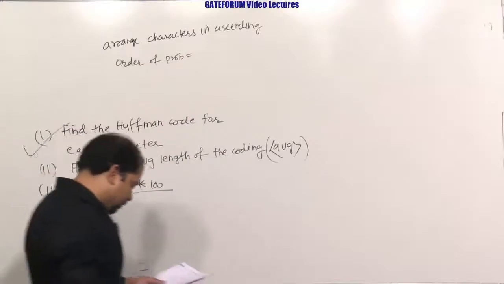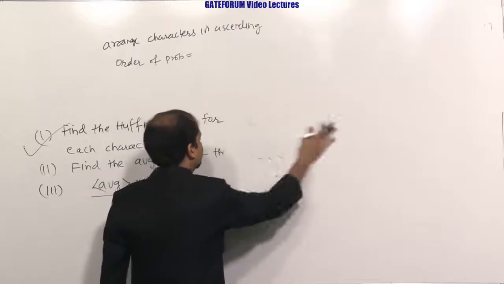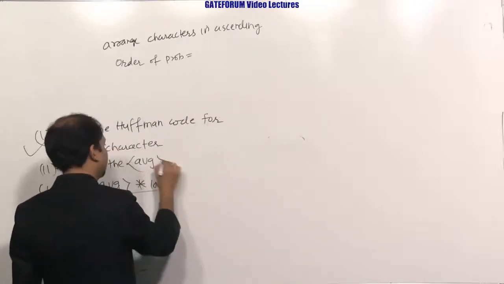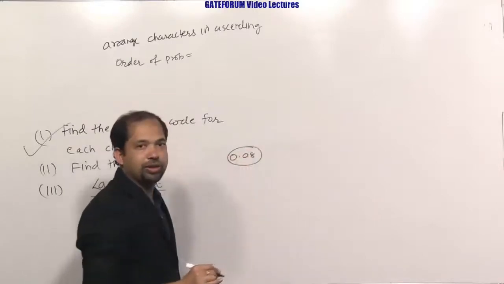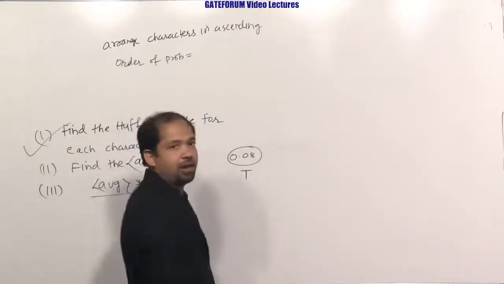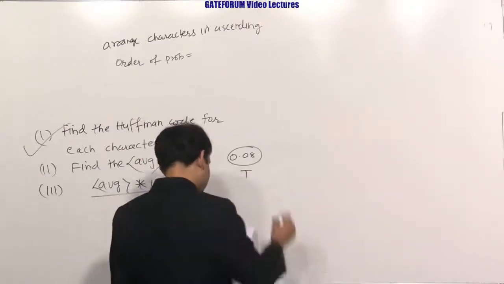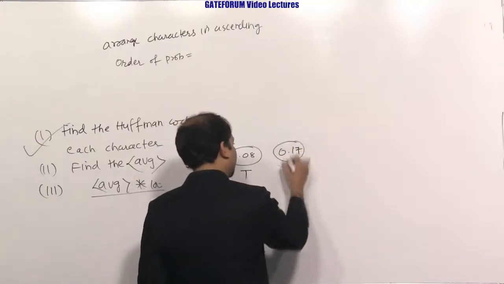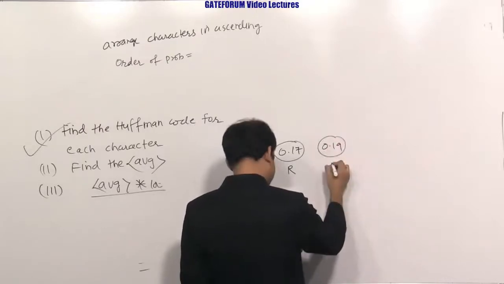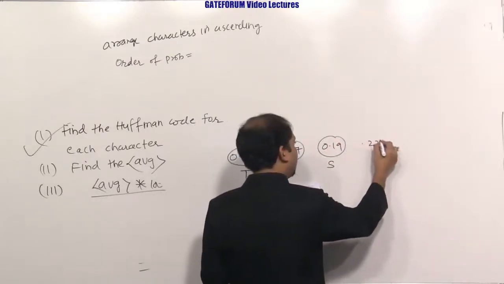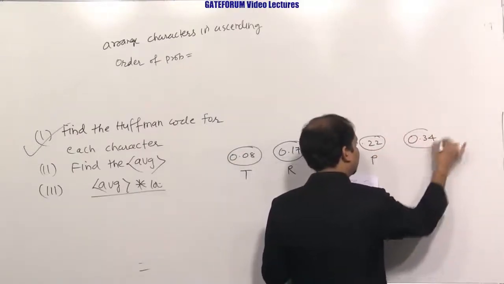The first character will be 0.08, which is of T. Then we have 0.17 of R. Then we have 0.19 of S. Then we have 0.22 of P and 0.34 of Q.